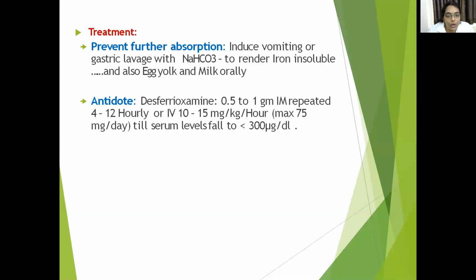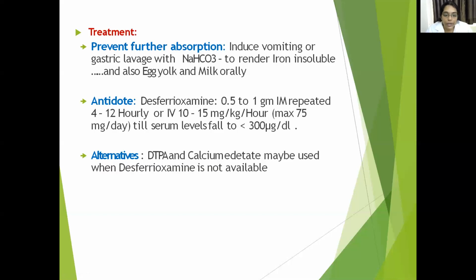The dose will be 0.5 to 1 gram IM repeated 4 to 12 hourly, or IV 10 to 15 mg per kg per hour, maximum up to 75 mg per day, till serum levels fall to less than 300 microgram per dL.